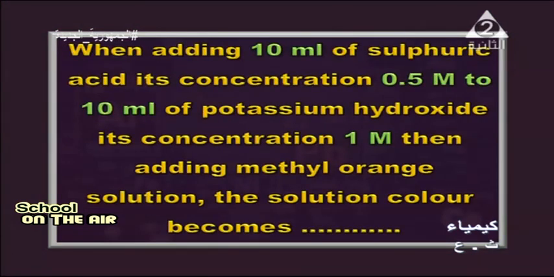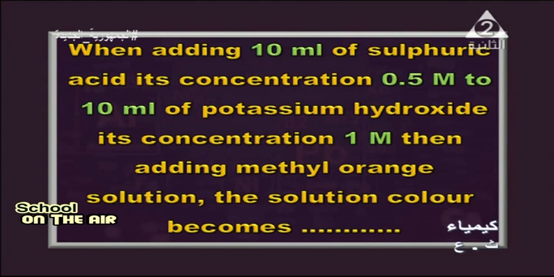Next question. When adding 10 milliliters of sulfuric acid, its concentration 0.5 molar, to 10 milliliters of potassium hydroxide, its concentration 1 molar, then adding methyl orange solution to the solution, the color becomes what? Here we use the number of moles of sulfuric acid, half the number of moles of the base, potassium hydroxide. But remember that sulfuric acid contains 2 moles of hydrogen per mole, while potassium hydroxide has 1 hydroxide ion per mole.